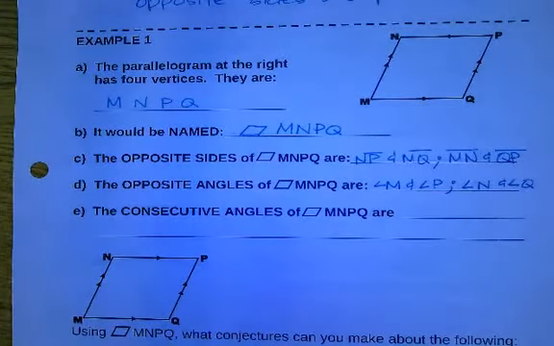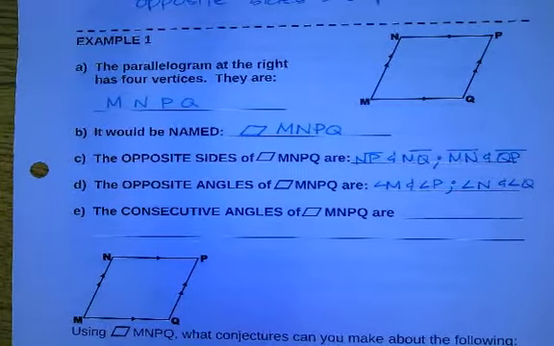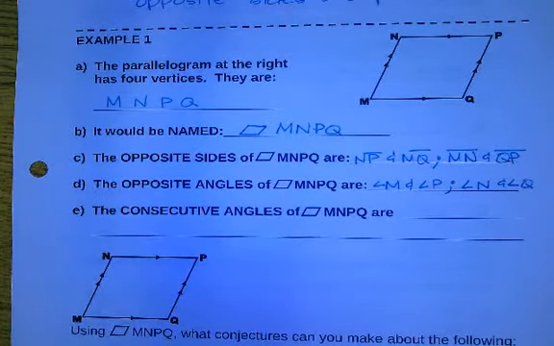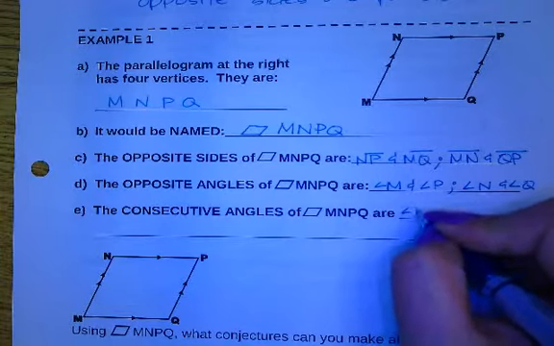Okay, and then the last one, the consecutive angles of MNPQ are blank. What does it mean to be consecutive? Back to back. Okay, well, what does that mean? Next to each other. Next to each other, on the same segment, okay? So, angle N is consecutive to what?